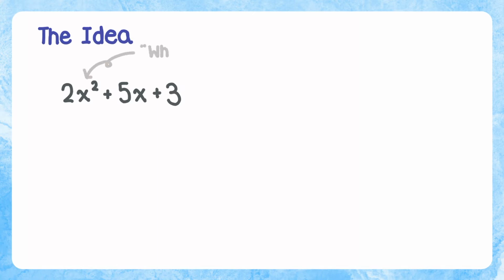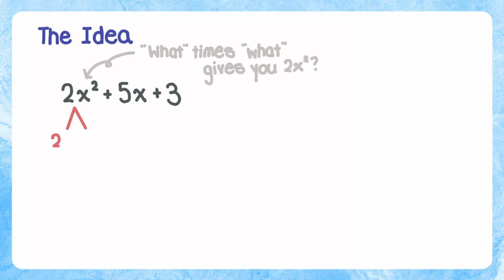So first think about what times what would equal 2x squared. So what are some factors of 2x squared? So I notice that I can break down 2x squared into 2x times 1x.